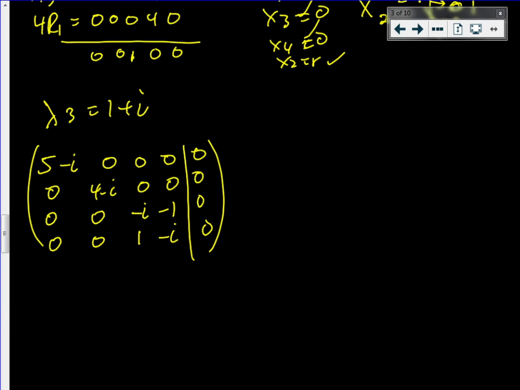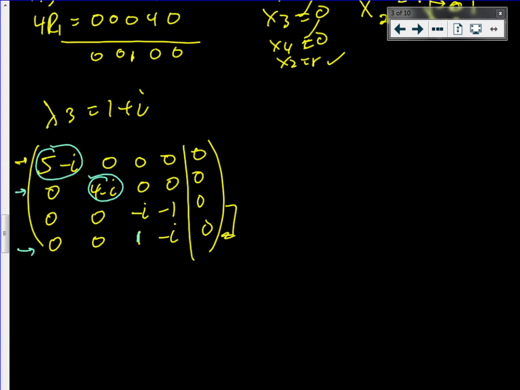Now, how about we interchange? In the first row, this here is the first non-zero entry. What's above and below is 0. Second row, this is the first non-zero entry. What's above and below is 0. I'd rather that be in the third row, a 1.